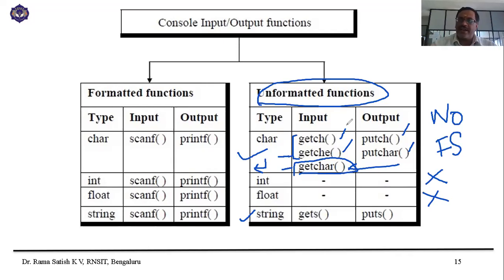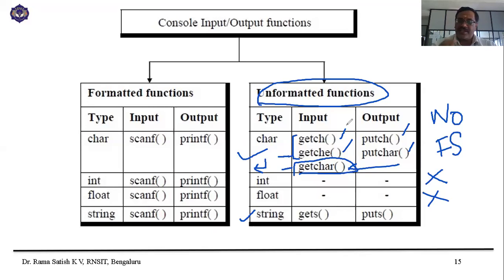That's why getch and getche are called unbuffered, unformatted input statements. Why is it unbuffered? It will never use keyboard buffer memory. It directly stores the value into CPU memory, finish.